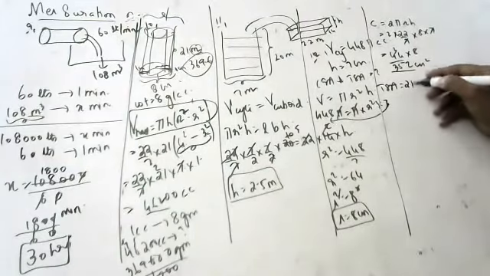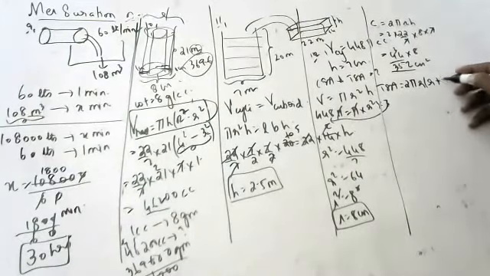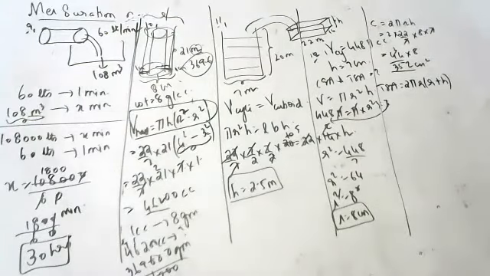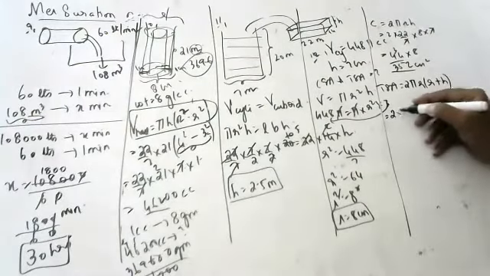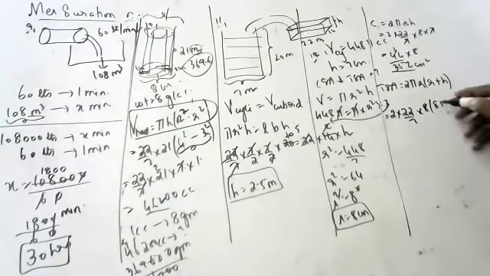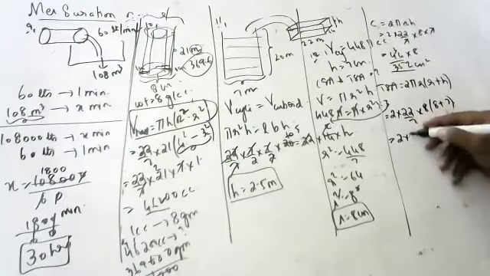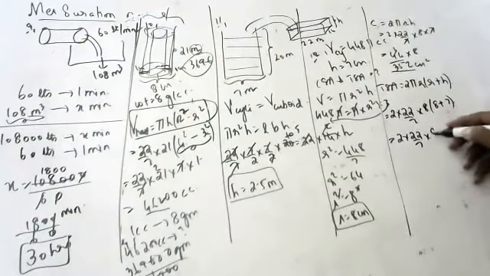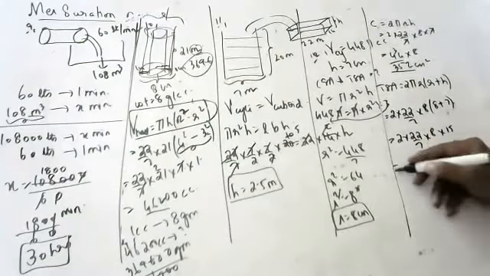TSA of cylinder is 2 pi r into r plus h. That is equal to 2 into 22 by 7 into 8 into 8 plus 7, which is 2 into 22 by 7 into 8 into 15.